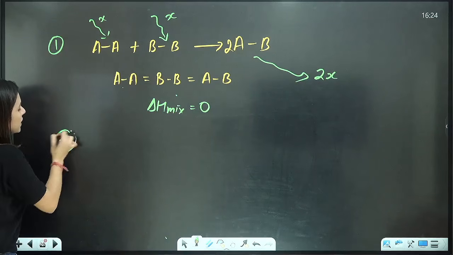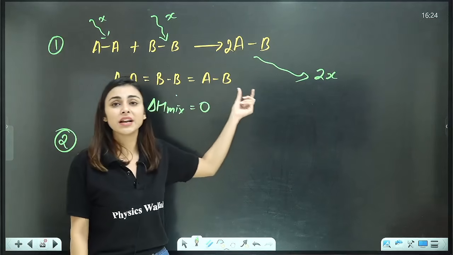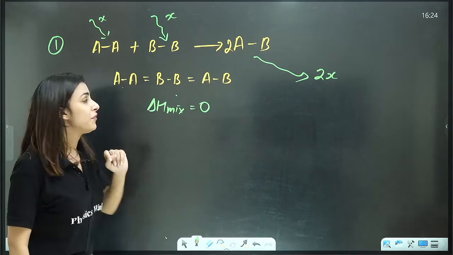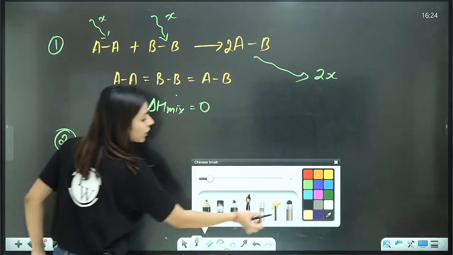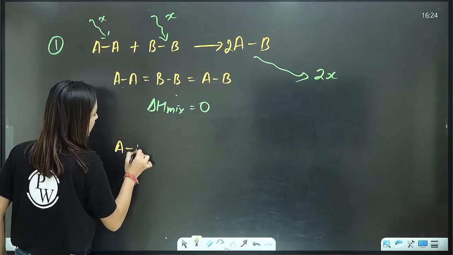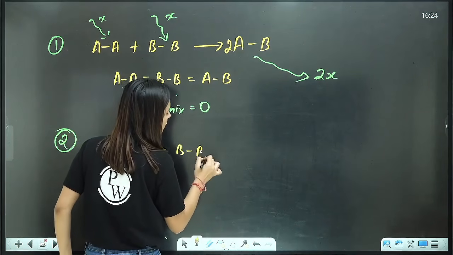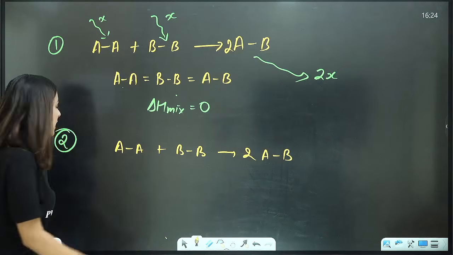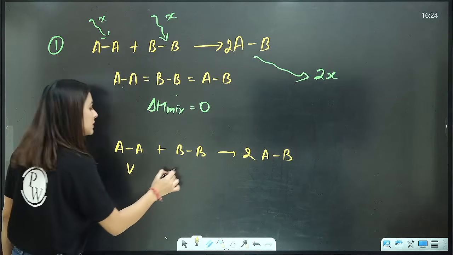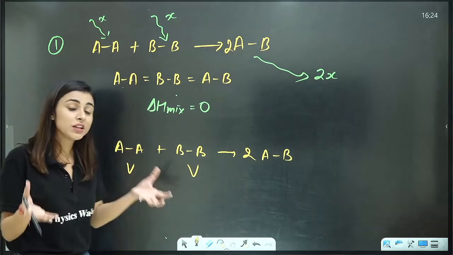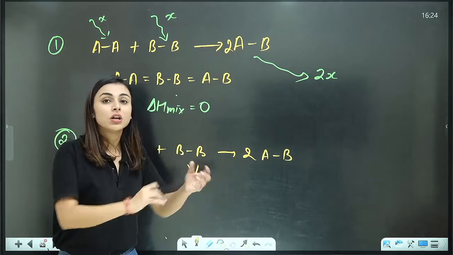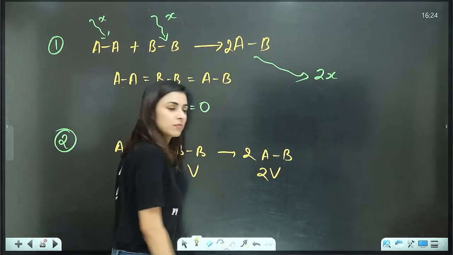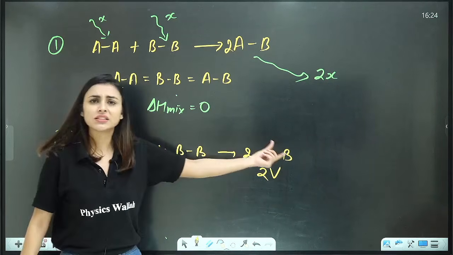What is the second condition, my dear students? Now, if the force of interactions are equal, consider AA plus BB gives you 2AB. Now, if you consider that this is some V liter volume and this is also some V liter volume, when you add all these together, you will get 2V volume, since their interactions are equal.